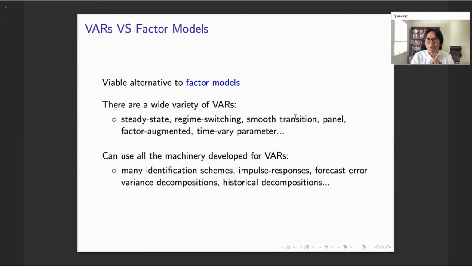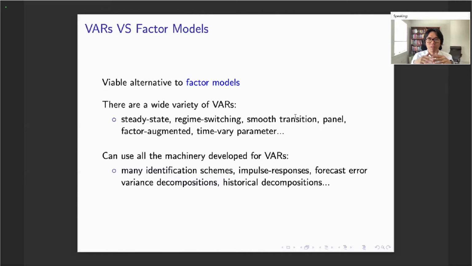Of course, it's perfectly fine to use factor models, and I feel VARs would complement some of the shortcomings of factor models. One advantage of using VARs is that over the last 2-3 decades, there have been a lot of developments in the VAR literature, right?